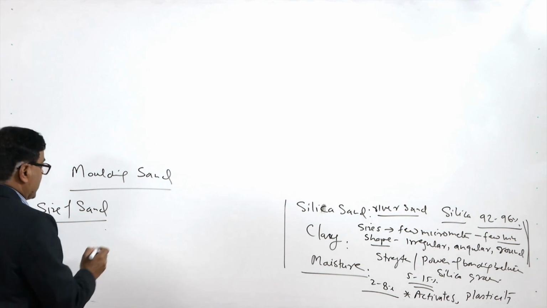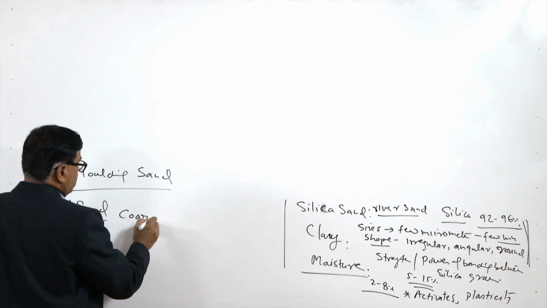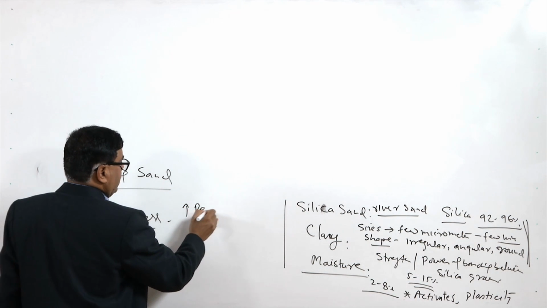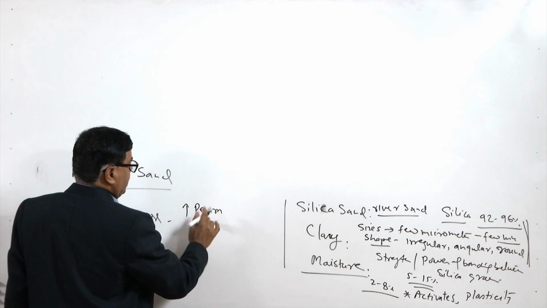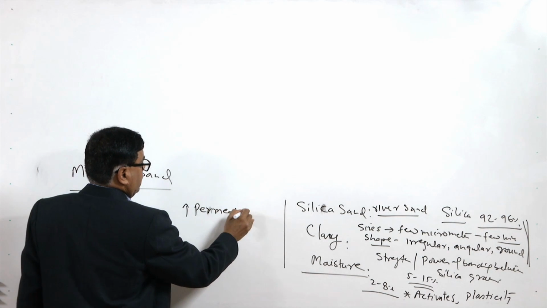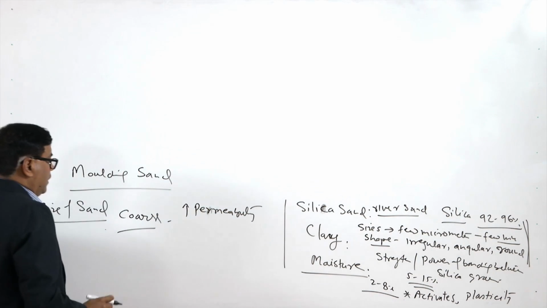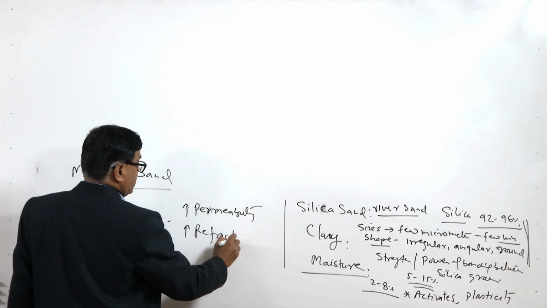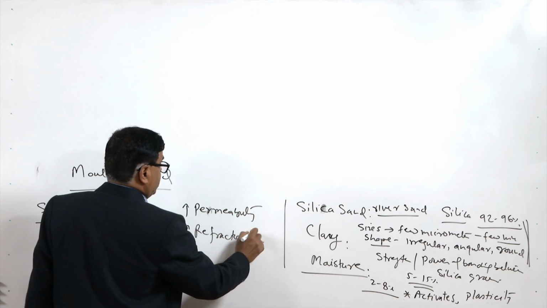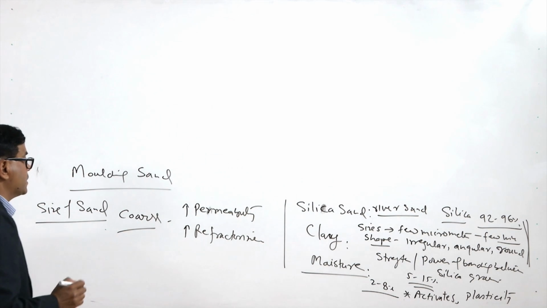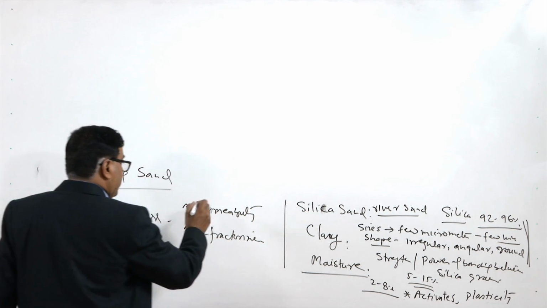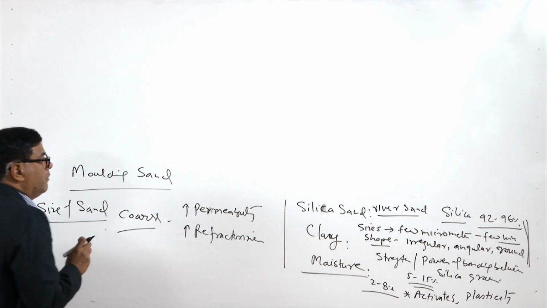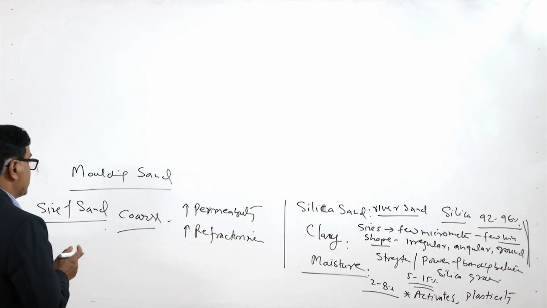Coarse sand particles result in increased permeability and increased refractoriness, the ability to sustain high temperature, and both these are adversely affected with fine size particles.